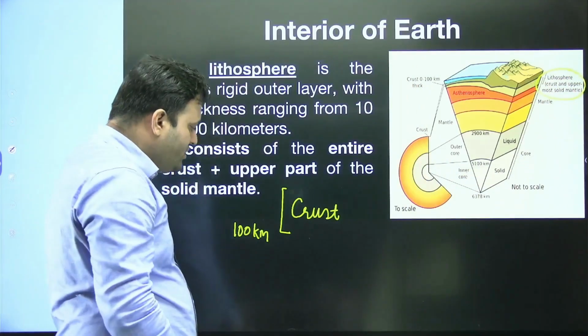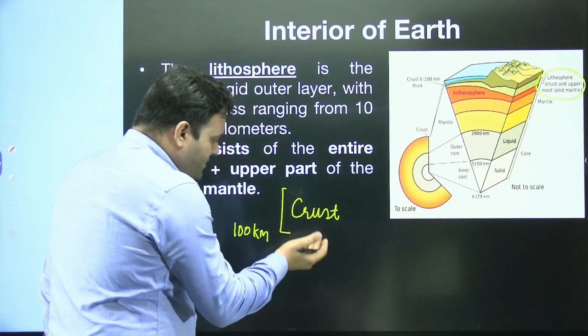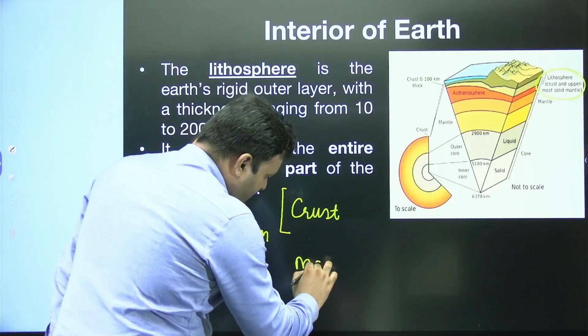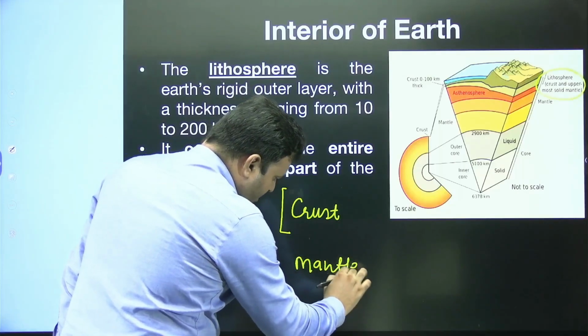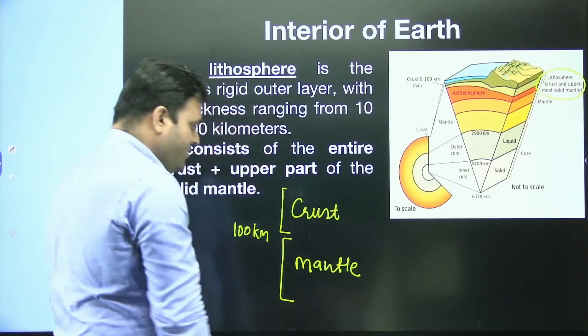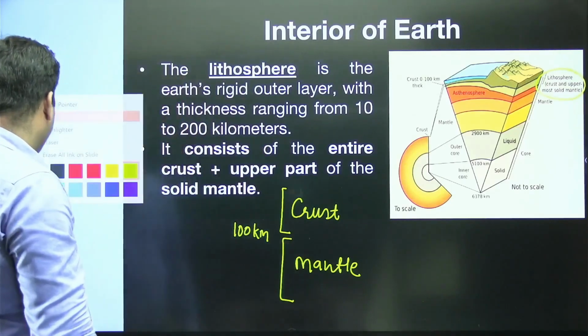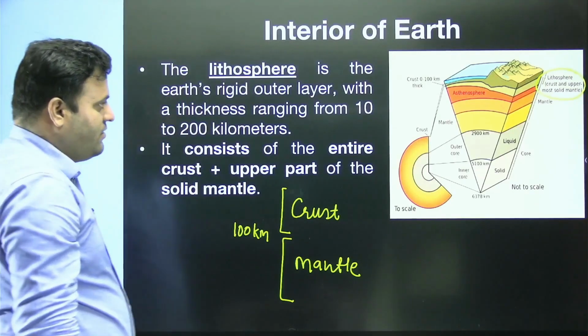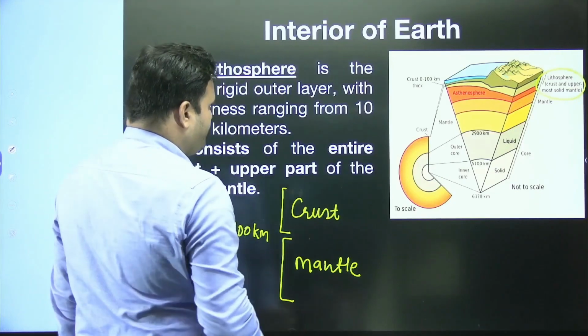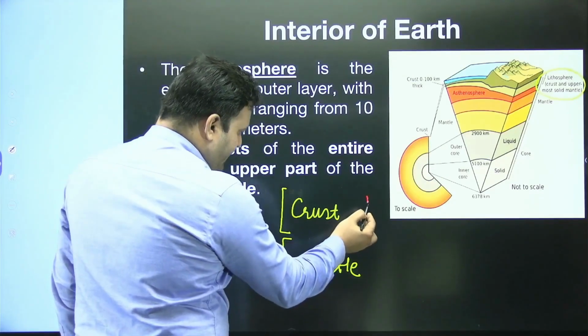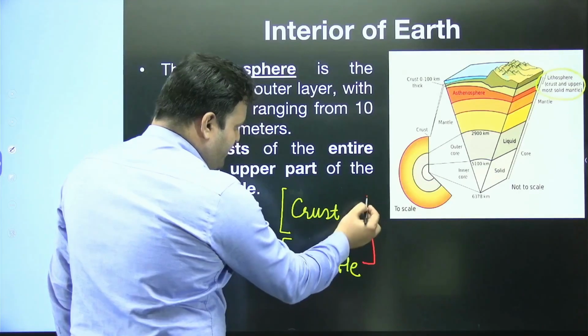Now lithosphere is basically comprised of, see, beyond crust we have mantle. So lithosphere is comprised of the entire crust and upper mantle.